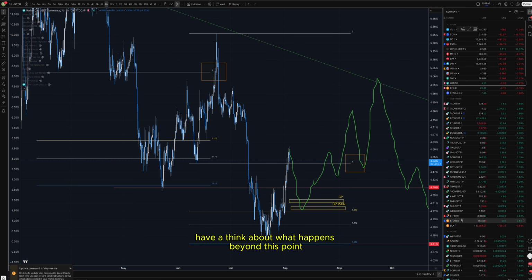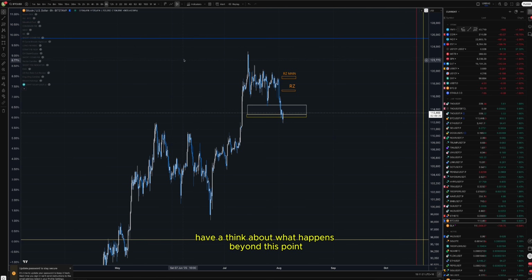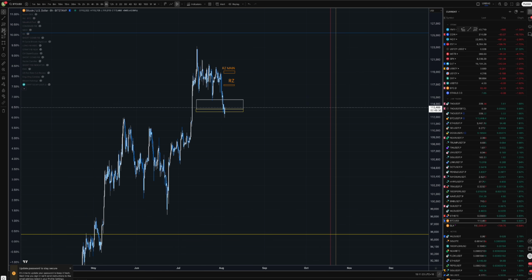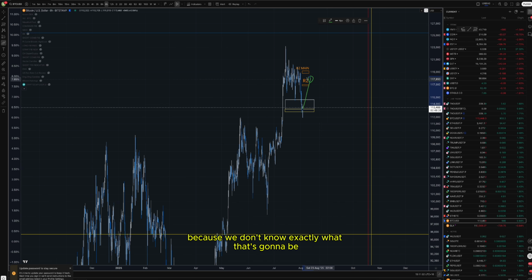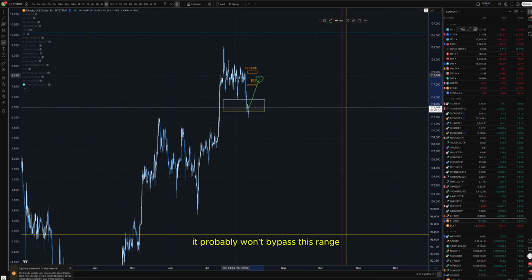Let's have a think about what happens beyond this point. Once we hit around these levels, I'm just going to put it between here and here because we don't know exactly what there's going to be. It probably won't bypass this range, only because we all know there's been a lot of activity there. People who have bought there will be trying to sell.